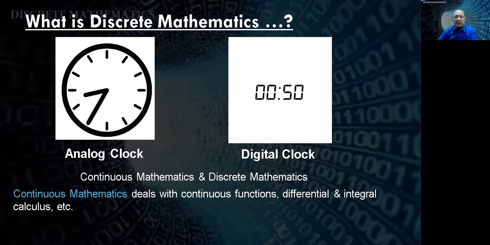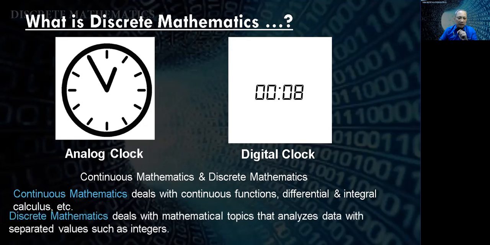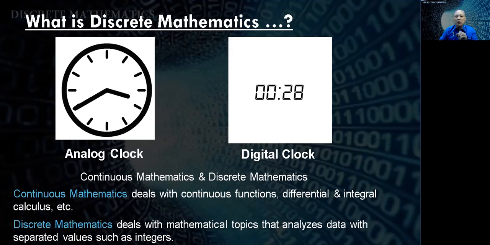Continuous mathematics deals with continuous functions, so differential and integral calculus such as those. The numbers within a certain range are infinite numbers, real numbers. But when we talk about discrete mathematics, it deals with mathematical topics that analyze data with separated values.